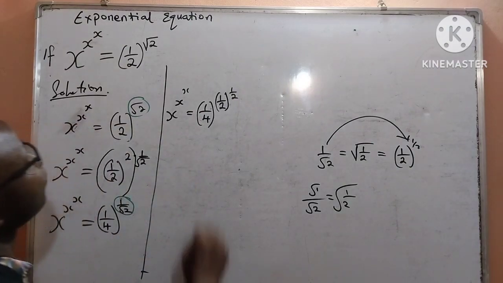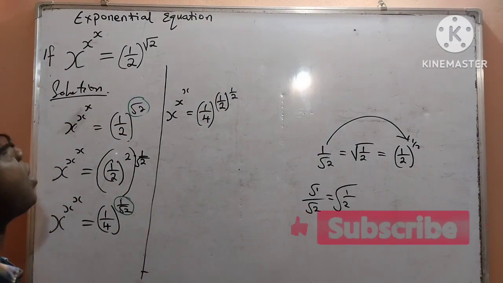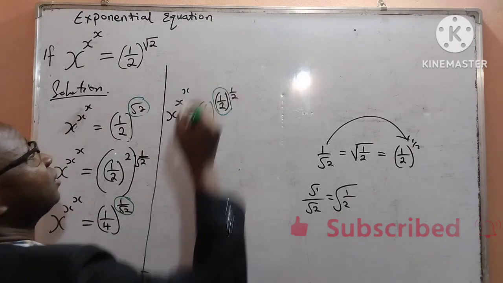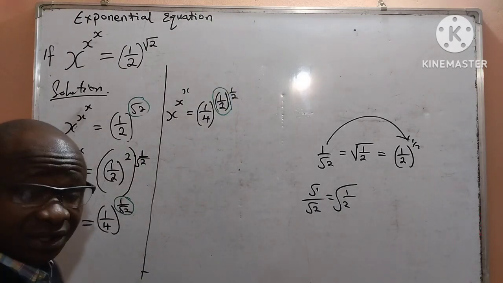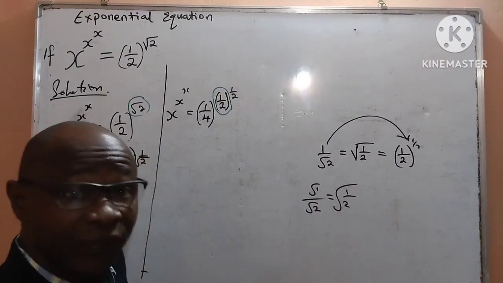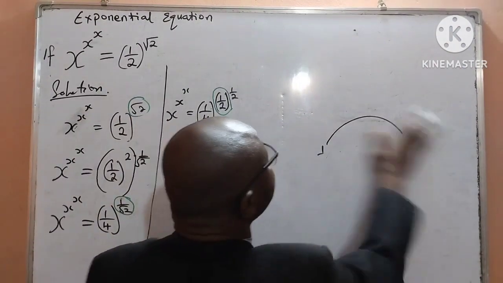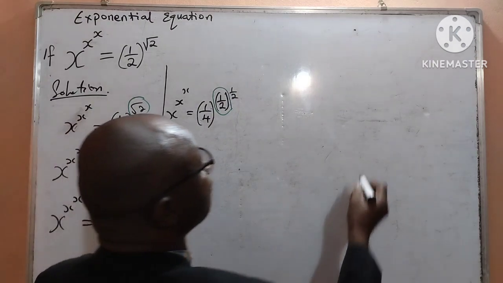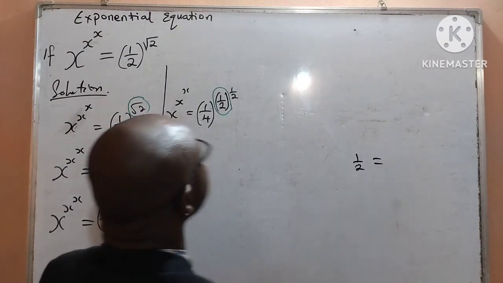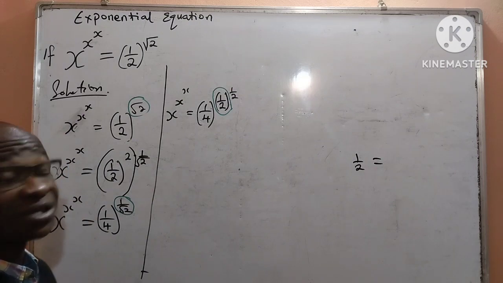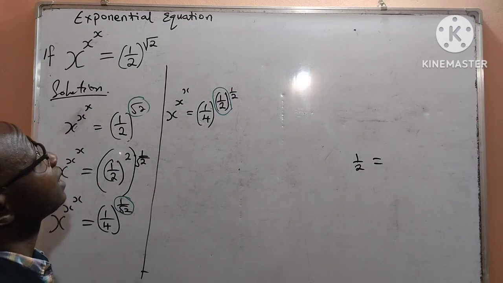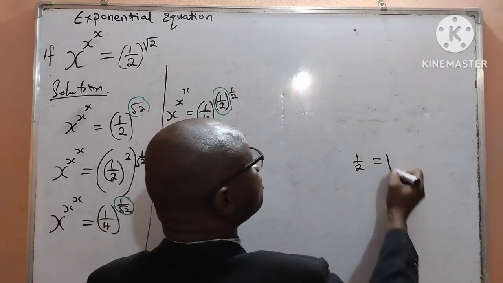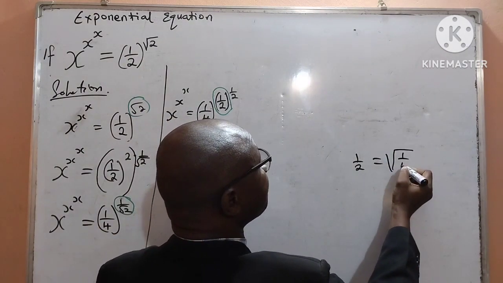Okay, we move on. From here, I want to work on this 1 over 2, this one alone. If I pick it up, I have 1 all over 2. 1 all over 2 can also be written as the square root of 1 over 4.